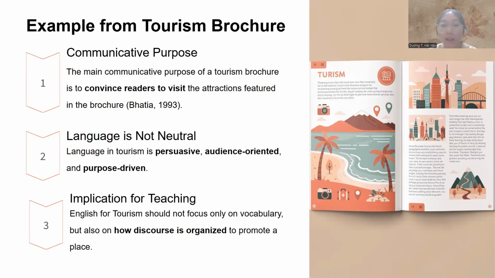For example, a brochure may use attractive words or positive descriptions to make a place sound exciting and appealing. And this example shows that in ESP, learners do not only need vocabulary, they also need to understand how language is organized to achieve a specific goal.